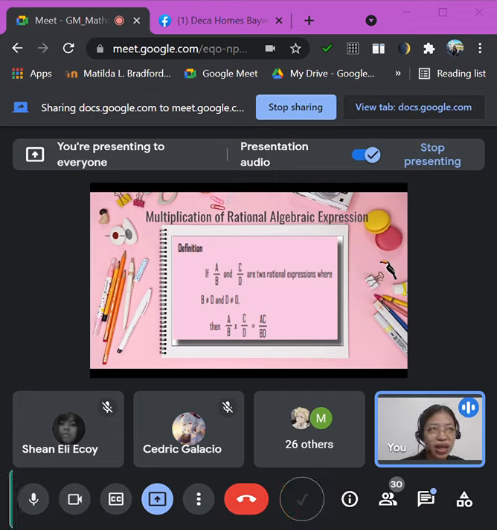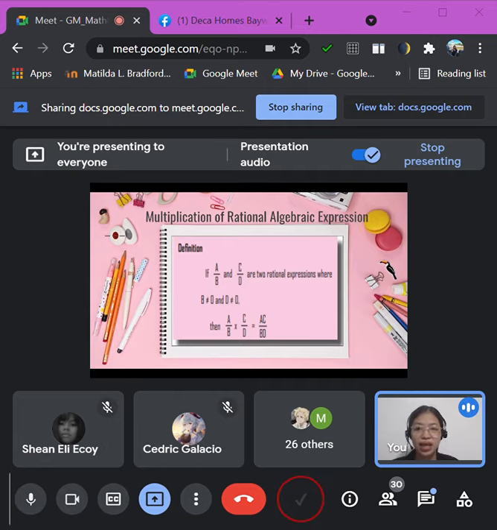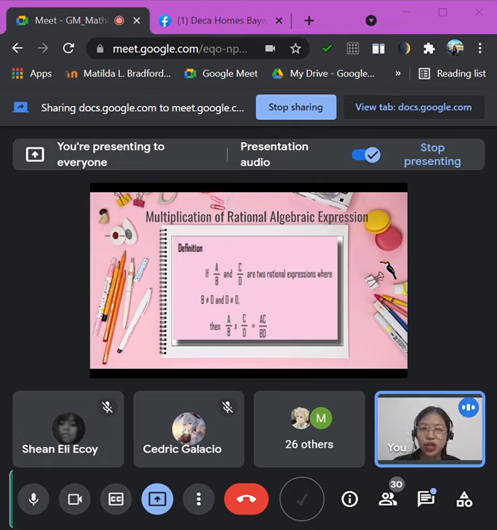So, unsa ray nakalahian ni nila sa atong multiplication of fractions? Ang sa ato alang rational algebraic expression, we have already the combination of coefficients and variables. While sa ato ang multiplication of fraction before, you are just having numbers solely. So, more na siya ang difference.